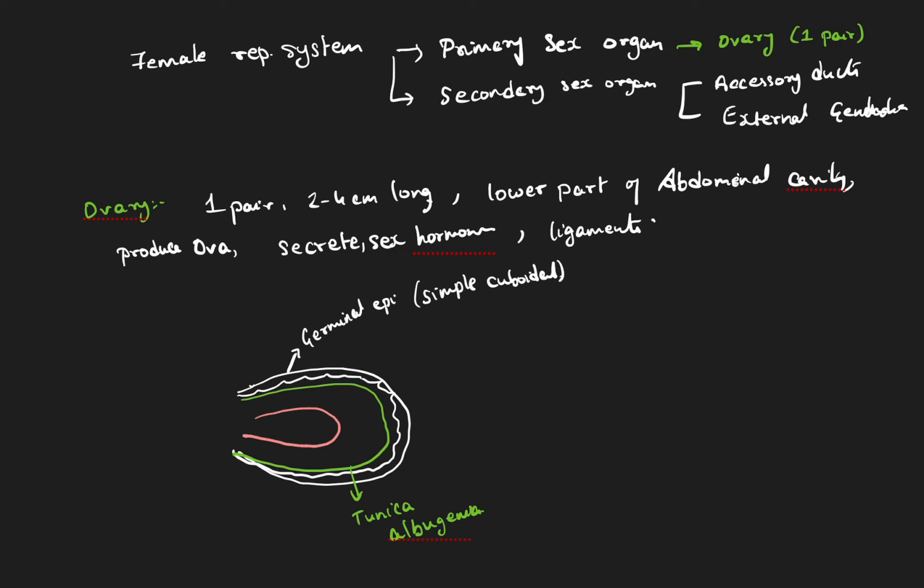This is the medulla basically, and here there are developing follicles. The follicles are developed here. Now this space is known as the cortex.